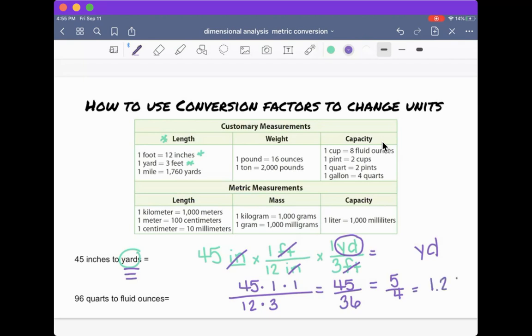So you could use either, but it's just easier to plot because remember, a lot of times in science, we're graphing the data. So when we convert these units here, we're going to end up graphing them. It's much easier to graph 1.25 than it is 5/4. A lot of people just don't think in fractional form. I'm not one of them. You might be, but I'm not one of them. So I like to put it in the decimal form just because it's easier to graph. All right.